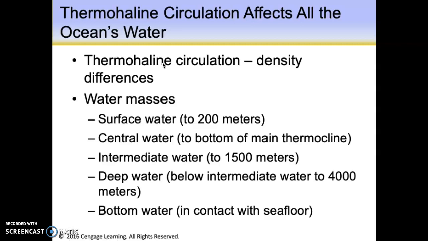And there are a number of different water masses that they are going to show you in a diagram coming up. But basically, what you want to think about is water is going to find a level where the more dense water is below it, the less dense water is above it, and its density is controlled by its temperature and its salinity.